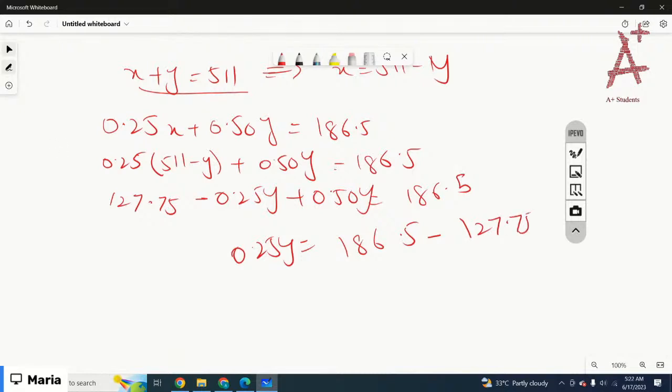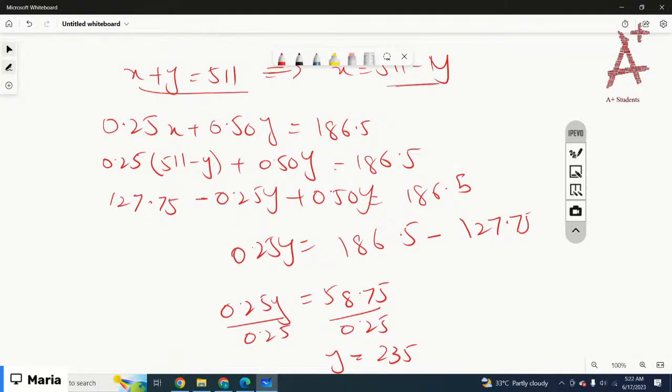So just subtract, it would be 58.75. Divide both sides of the equation by 0.25 and then y equals, let me just calculate, 235.